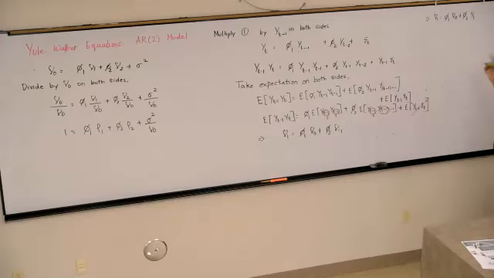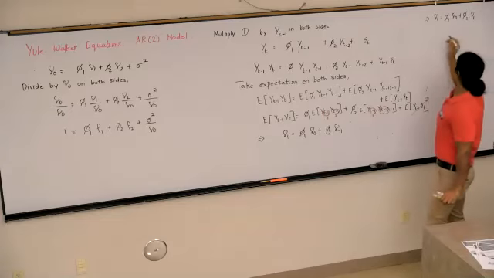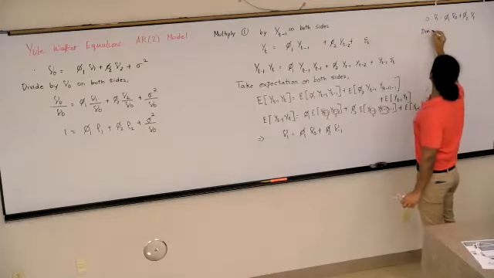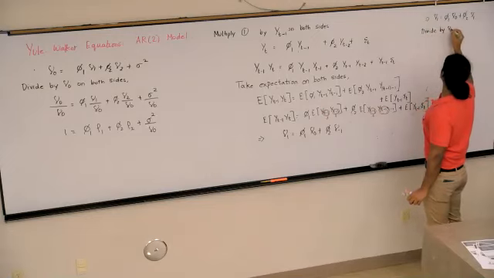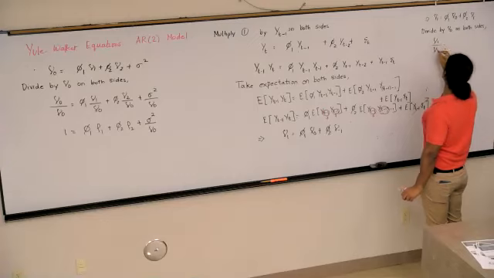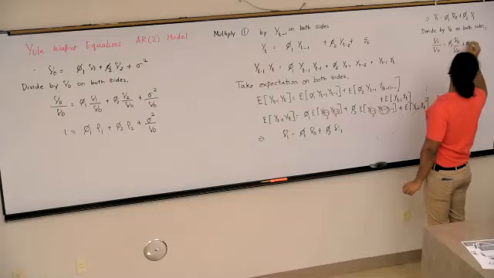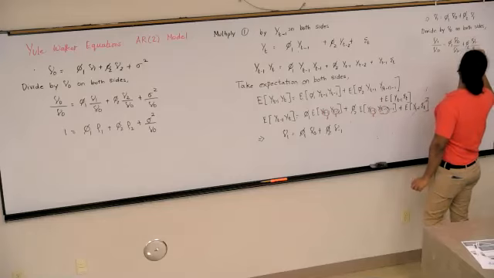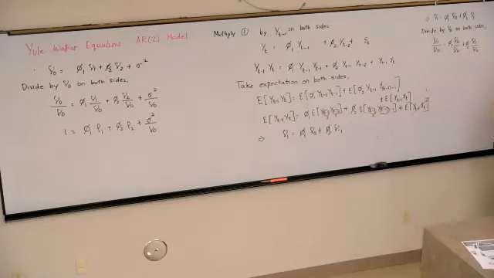Good. If I divide by gamma naught on both sides, I will have gamma 1 over gamma naught equals phi1 gamma naught over gamma naught plus phi2 gamma 1 over gamma naught.